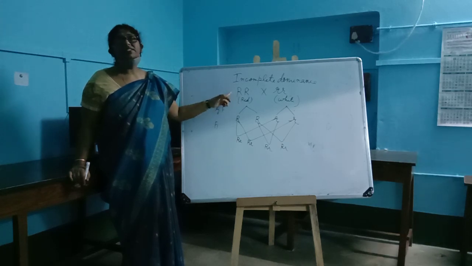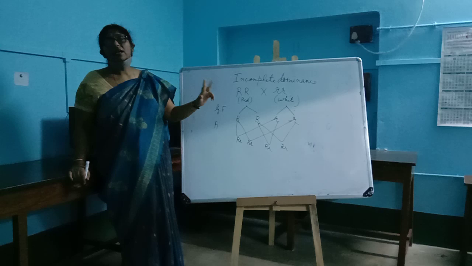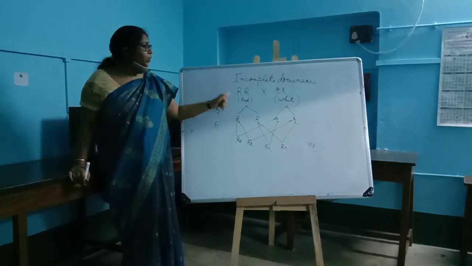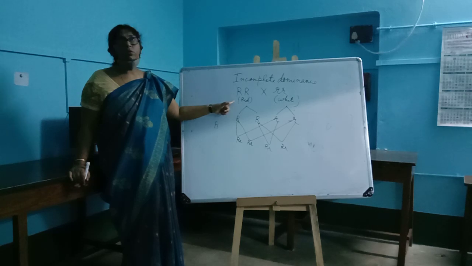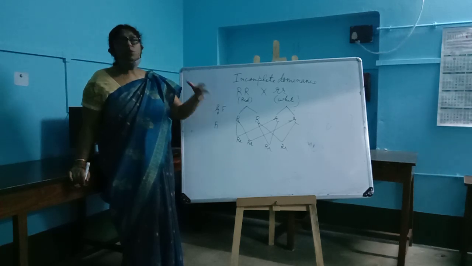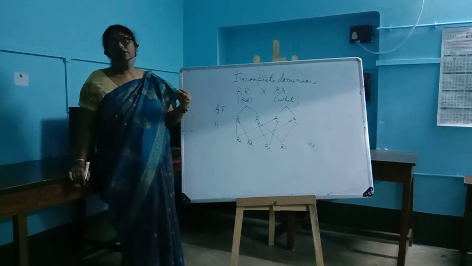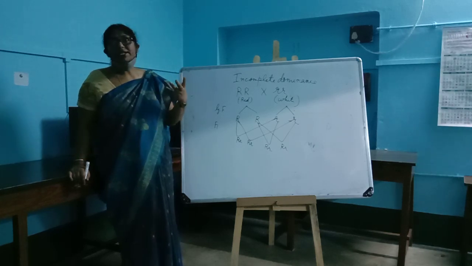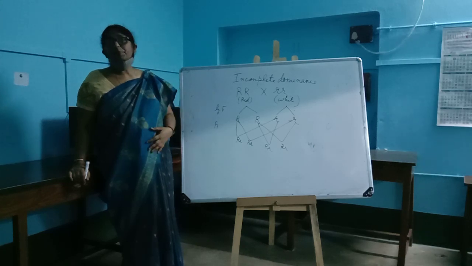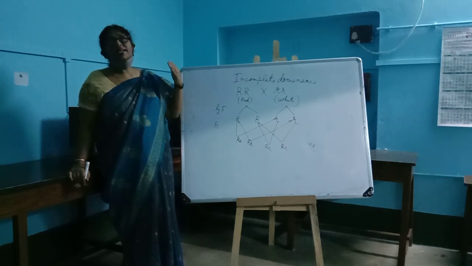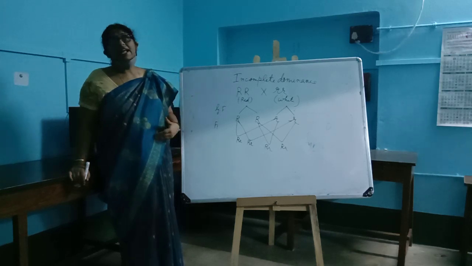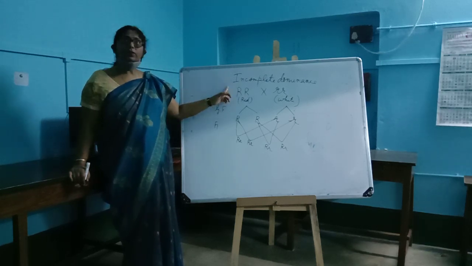That means when there are 2 capital R's, in a homozygous or pure state, then only the red color or the dominant character will be expressed. But if it is in the heterozygous state, then you will get an intermediate condition, neither red nor white, something in between, that is pink. That is known as incomplete dominance. So when in the heterozygous condition we get some intermediate character, that becomes an example of incomplete dominance.